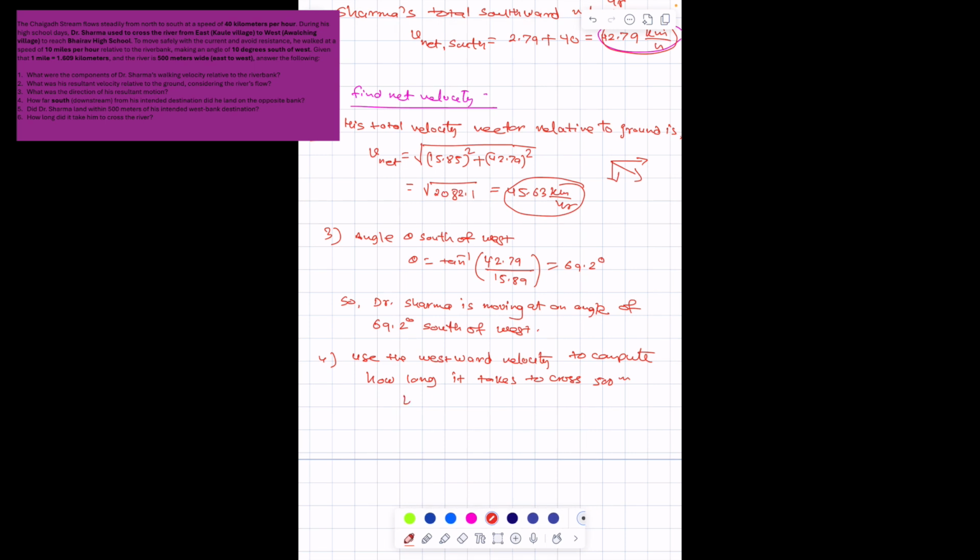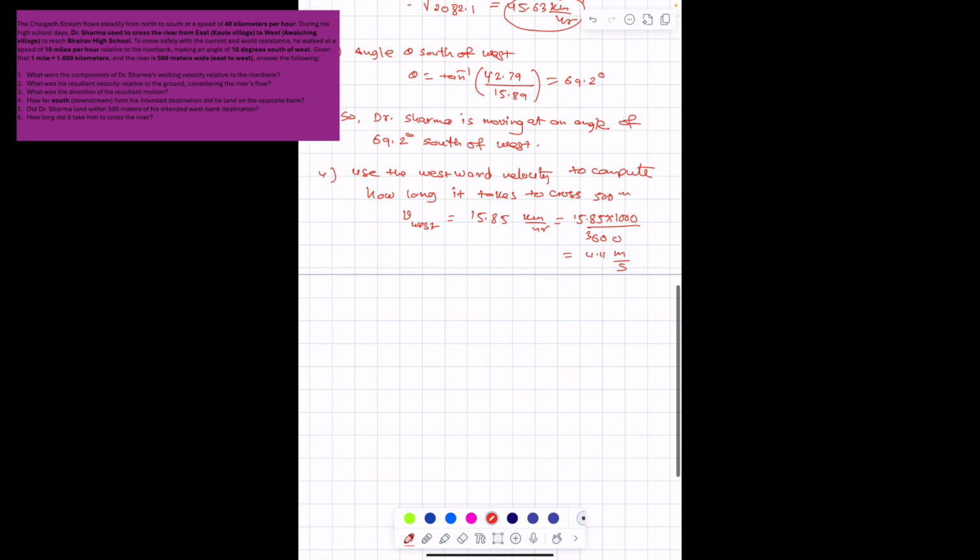So what is the velocity in the westward? That is 15.85 kilometer per hour. Let's convert that into meter per second, multiplying by 1000 and dividing by 3600. If you do that, you will get 4.4 meter per second.